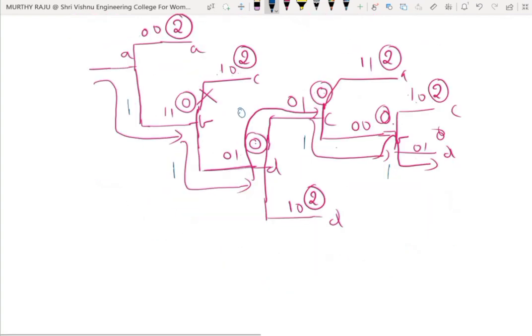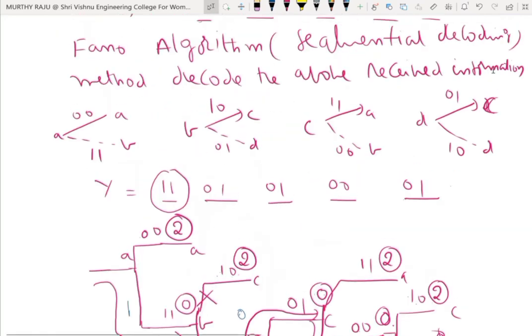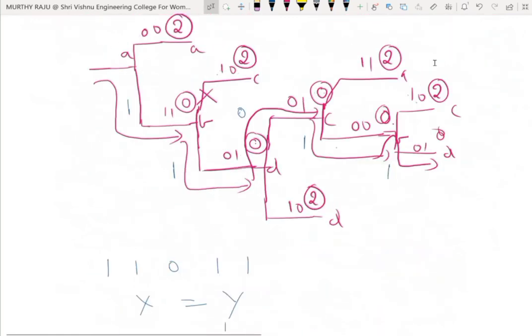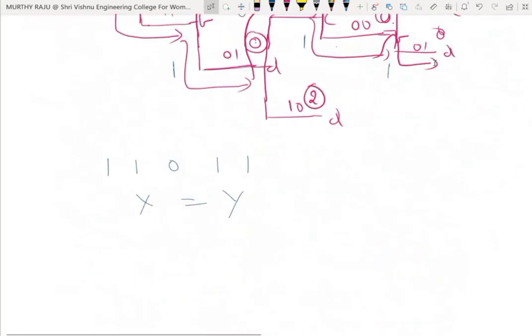Therefore, the decoded sequence is 1 1 0 1 1, without any error, because x is equal to y. x equal to y means both x and y are the same, so we will get the original message sequence. The original message sequence without any error is m equal to 1 1 0 1 1.